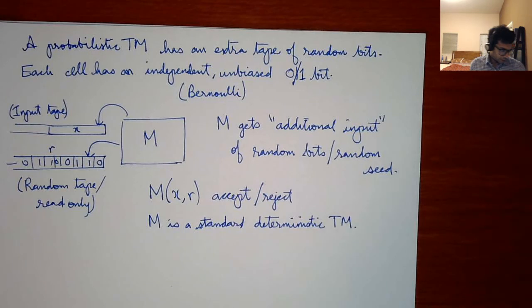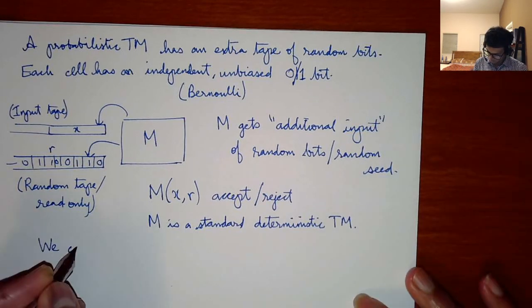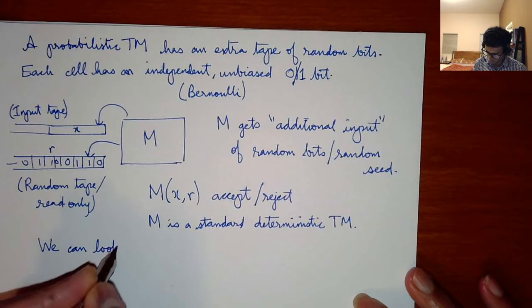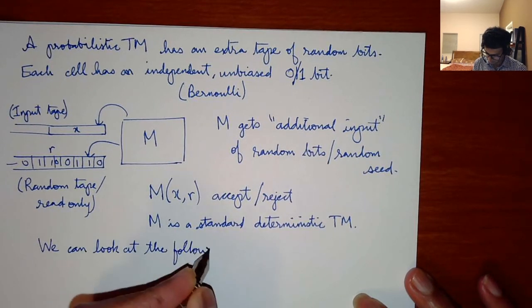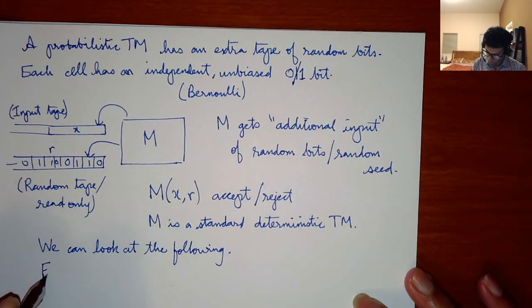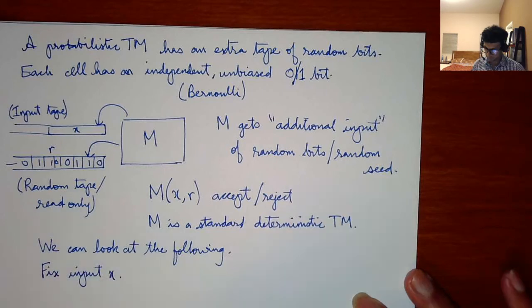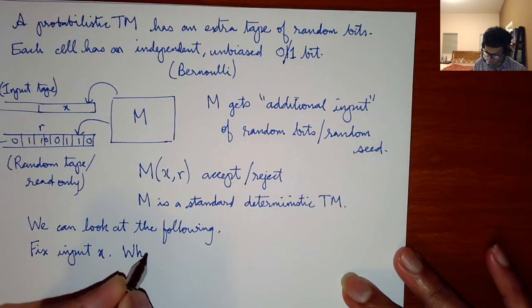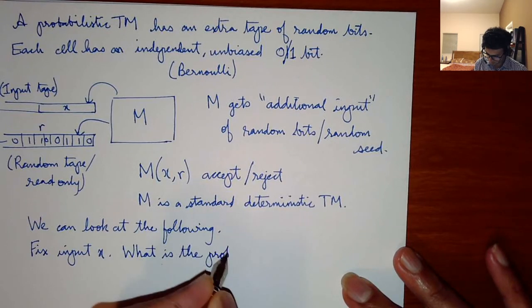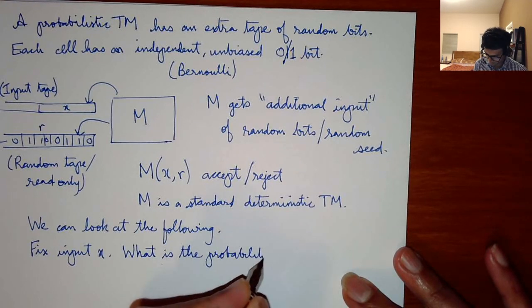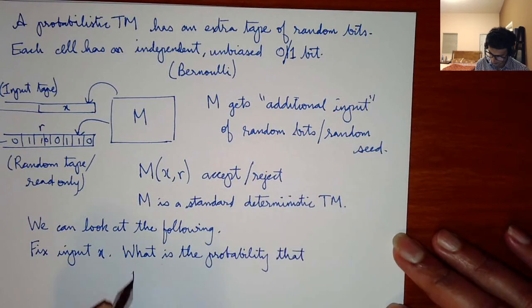What we can look at is the following. Fix input X, and we ask, what is the probability that M(X, R) accepts?